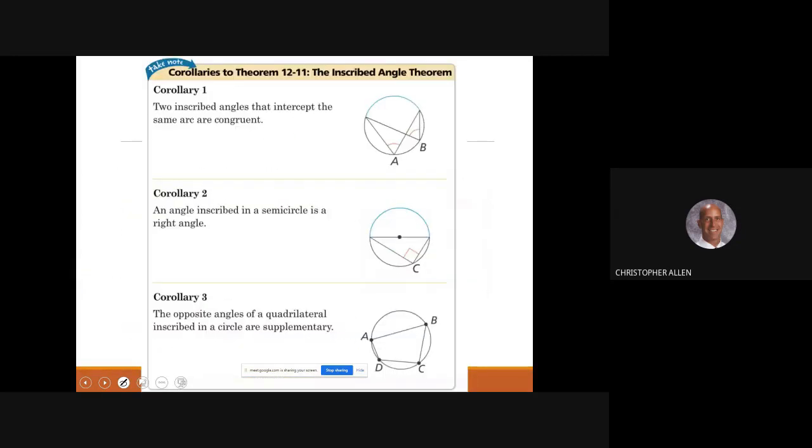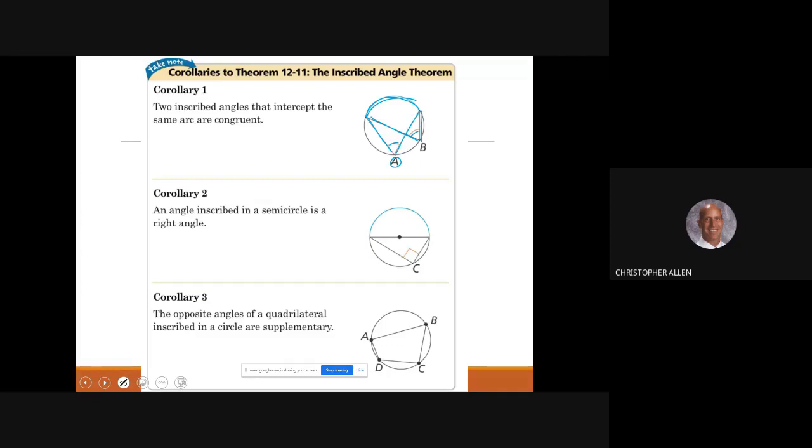Okay. Let's go ahead and look at some corollaries. I think these are kind of intuitive, but you guys gotta let me know, so I'll go through them and stop me if they don't make sense. You see this blue arc up here? Would you agree that angle A, this angle right here, and angle B, both are inscribed angles to that arc?